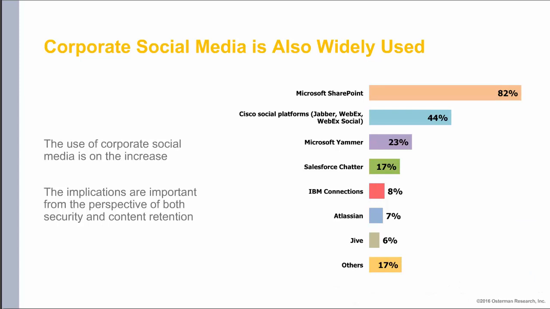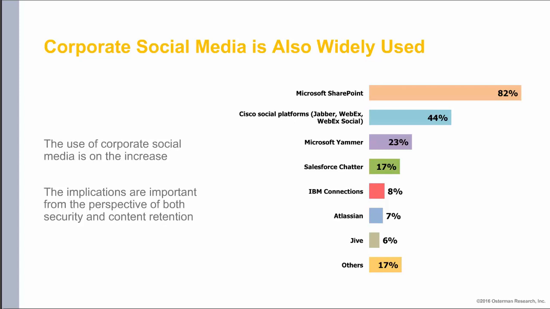And we'll get into here in just a bit the reasons for that and the utility that they can provide. But bottom line here is that the use of corporate social media is on the increase, just like it is with consumer or public social media.